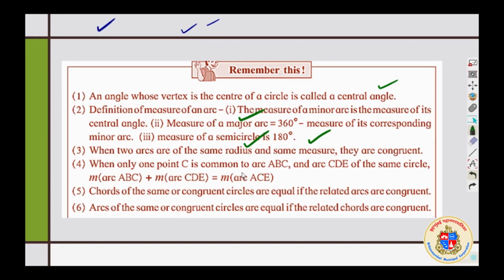We can add the arcs' measures if they are in the same circle with the same radius. We also found that if the arcs are congruent, the corresponding chords are congruent. If chords are congruent, the corresponding arcs are congruent. This is our conclusion.